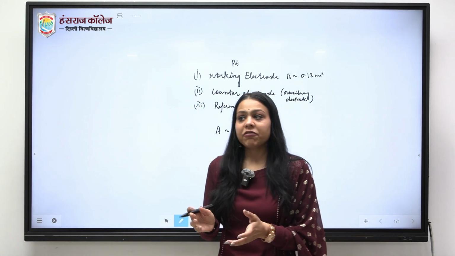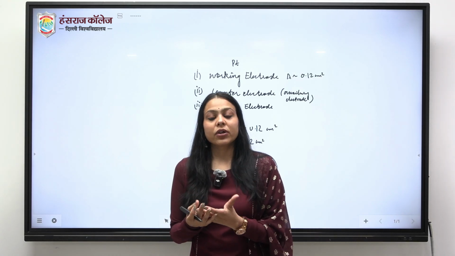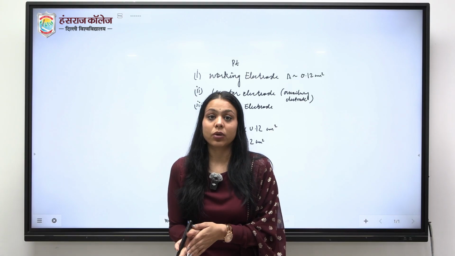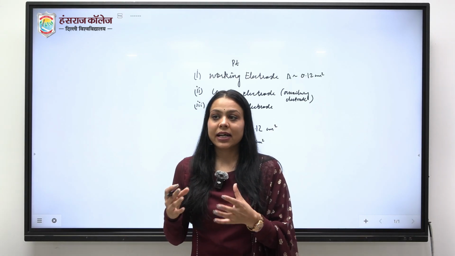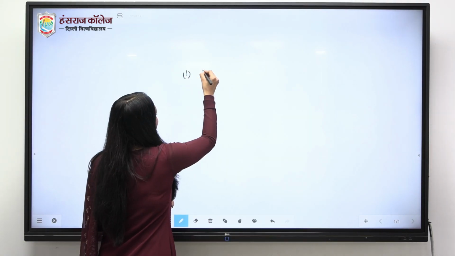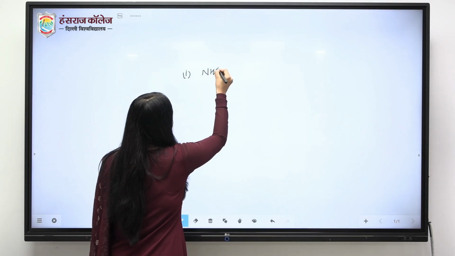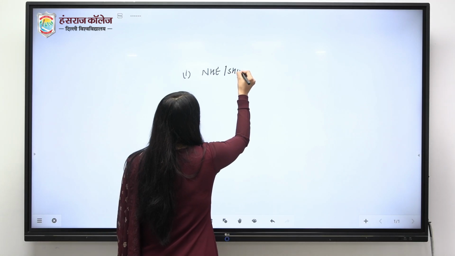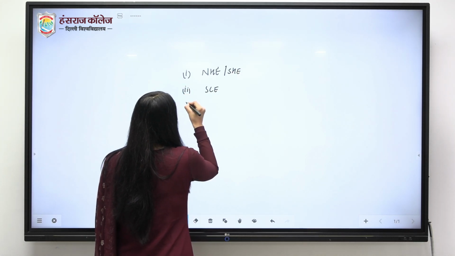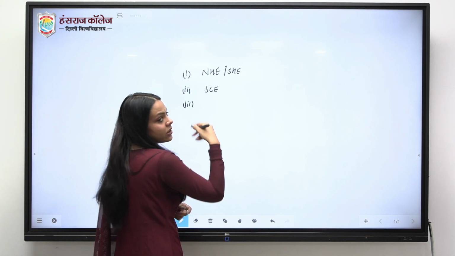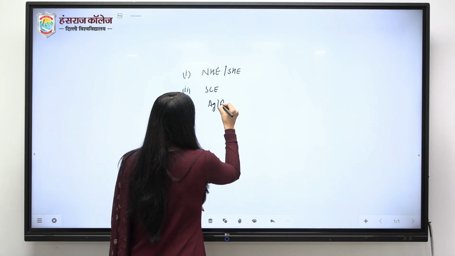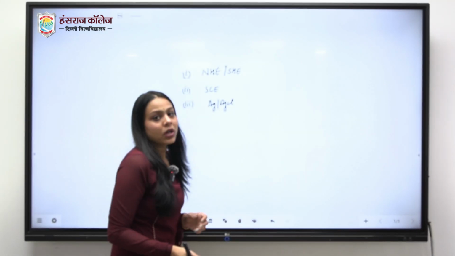Then reference electrode. Reference electrode obviously plays a very important role, because whatever potentials you are applying are with respect to a reference electrode. So normally what standard electrodes are used as reference electrodes? First is the normal hydrogen electrode or standard hydrogen electrode, standard calomel electrode, AgAgCl, like metal insoluble salt electrodes, and many more.